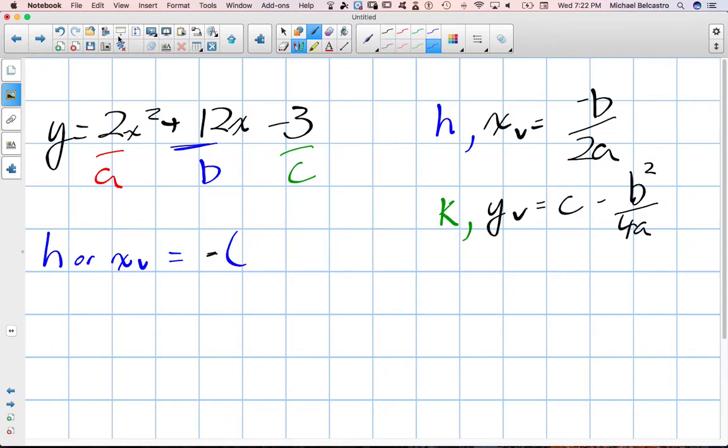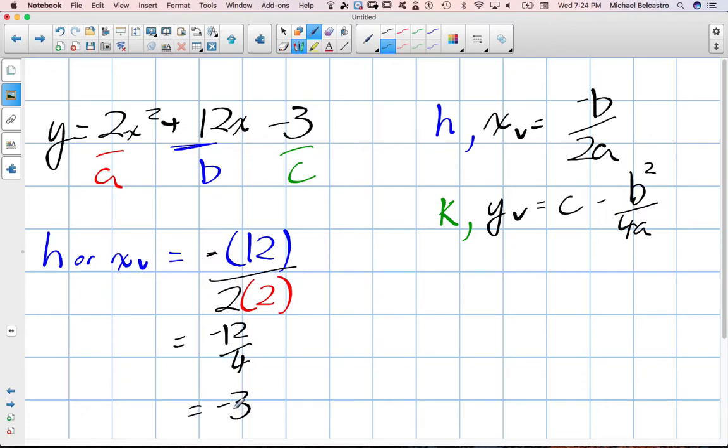If it was negative 12, this would actually be minus negative 12. And that's going to be divided by 2 times our a value, which is 2, so 2 times 2. So our h, or x value of the vertex, is equal to negative 12 over 4, which equals negative 3. Good. That's our h value.